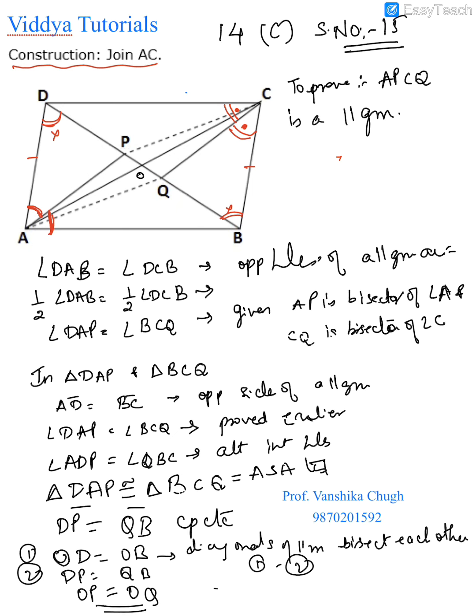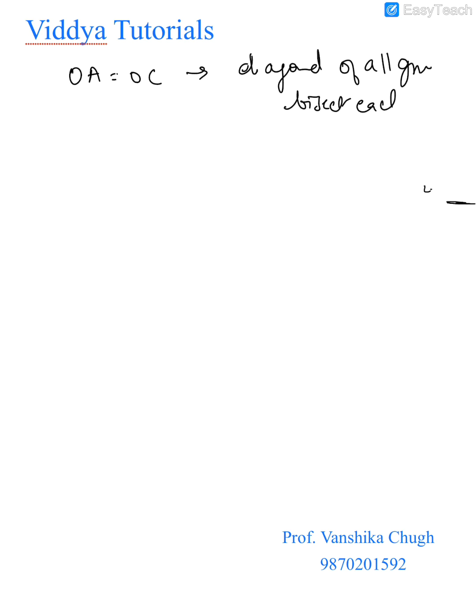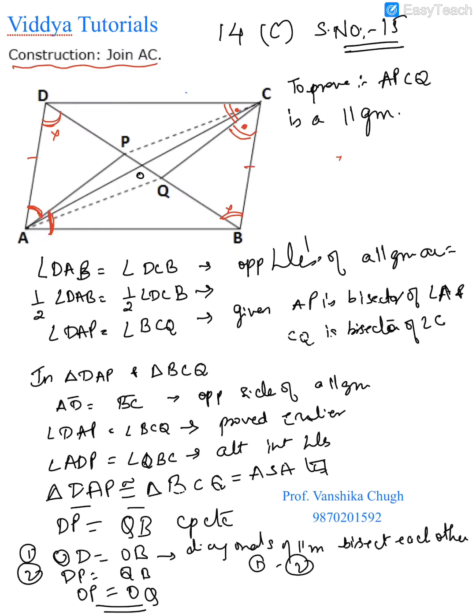And also, I'm continuing it on the next page. Also I have OA is equal to OC because they are the diagonals of the parallelogram ABCD, they bisect each other.